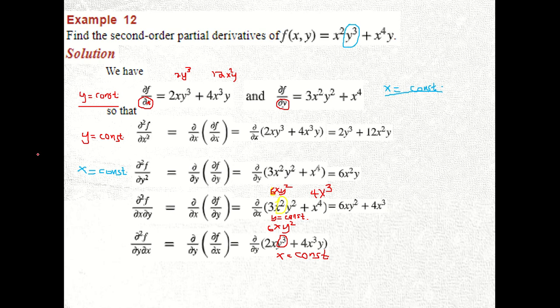How about this? So x is constant, 4 is constant, so we just take the derivative of y. The derivative of y with respect to y is equal to 1. 1 times 4x cubed, so we have 4x cubed left. So finally we have 6xy squared plus 4x cubed. So these are the answers.